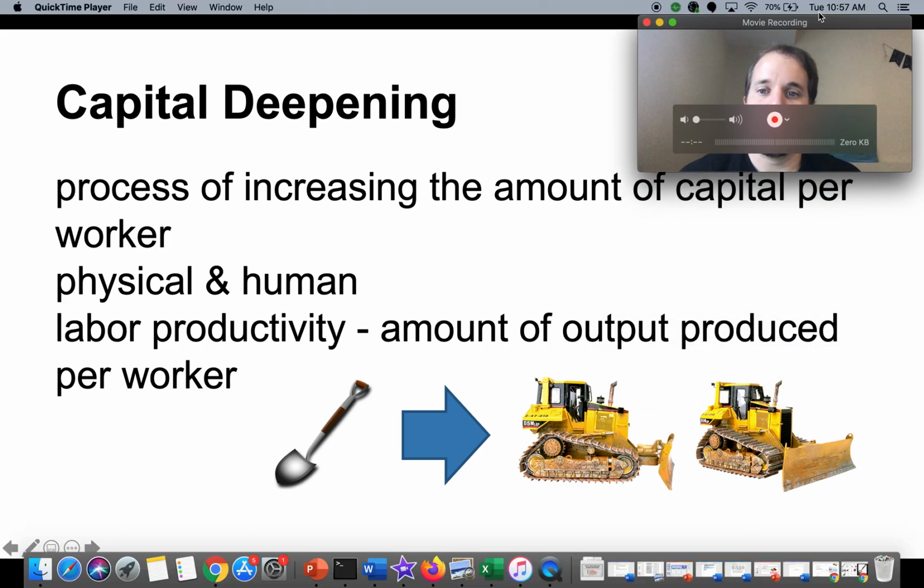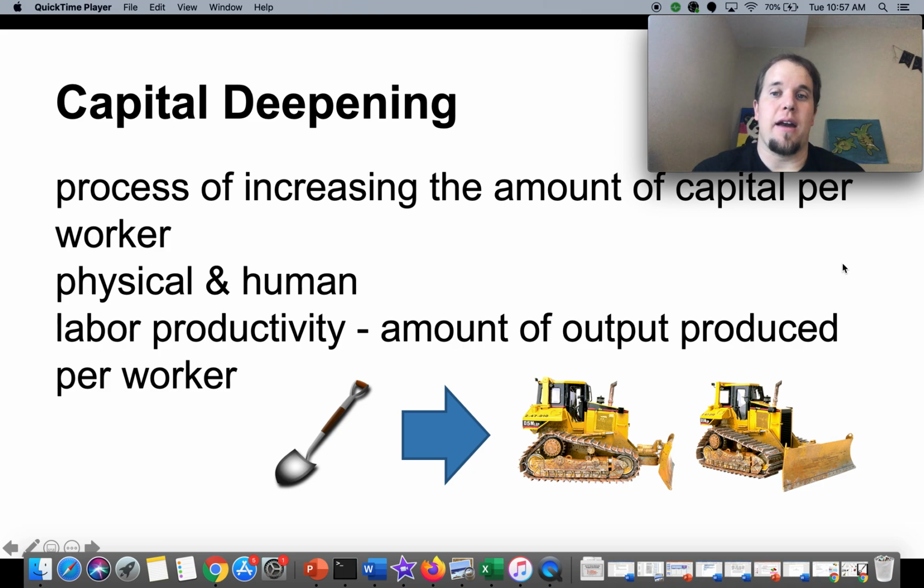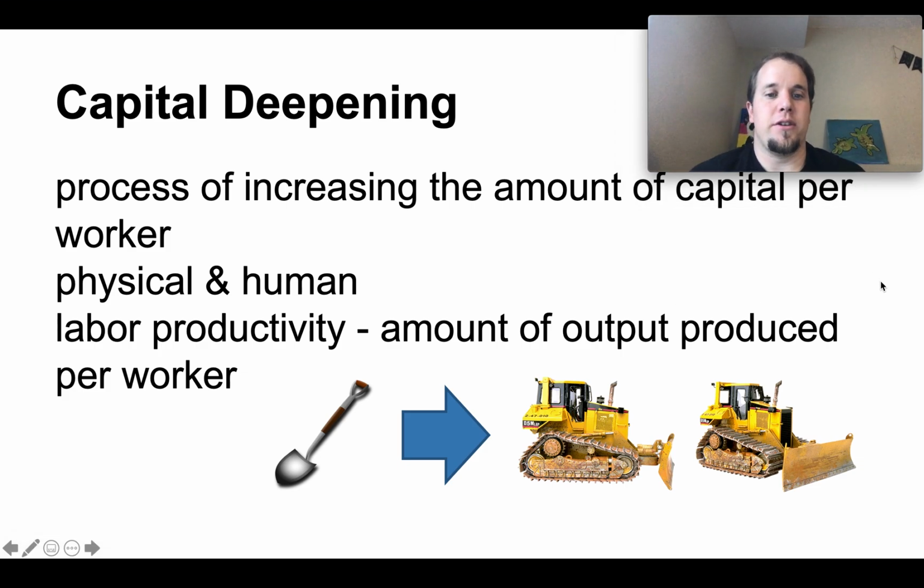Another way to see if the economy is growing is something called capital deepening. We've talked about mental and physical capital. Whenever you have capital deepening, you should see growth in the economy. If you're part of a construction team and you have 100 workers all using shovels to dig a foundation for a skyscraper, it's going to be heavy, labor intensive work. But if you bring in heavy machinery for construction, it's going to increase the output.